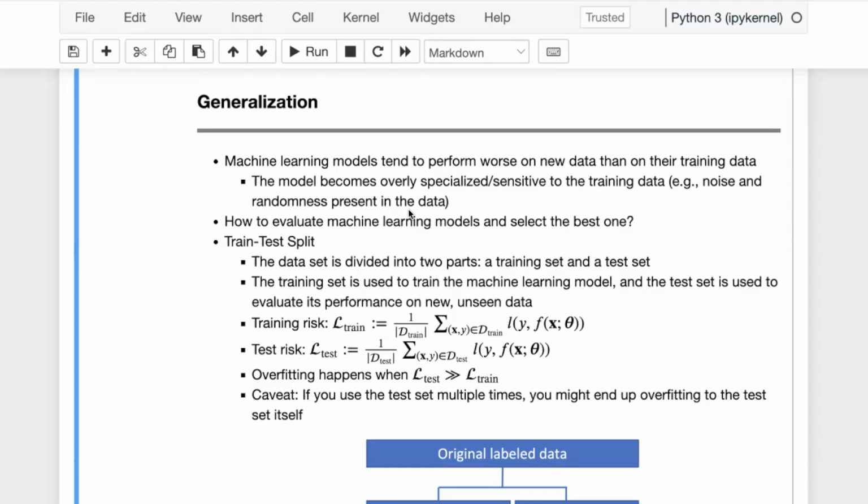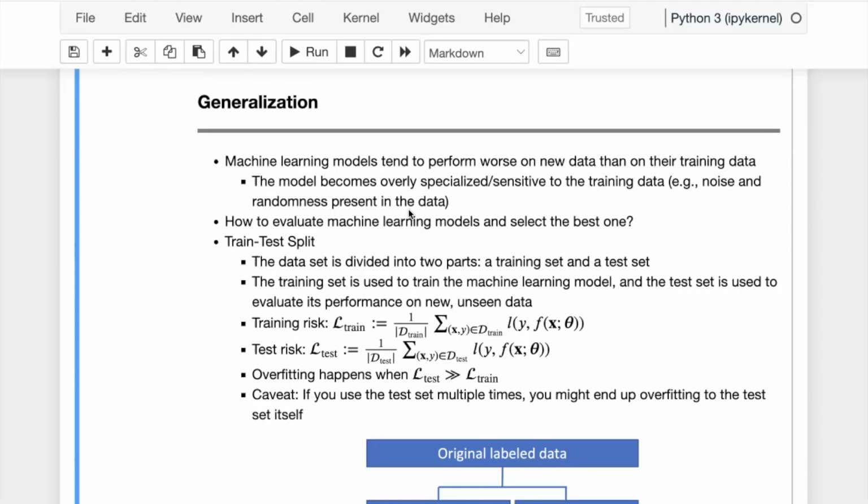And this is the main idea behind generalization. One of the main challenges that we have is that the model can become overly sensitive or specialized to the training data during the model fitting or training process. And therefore, it may not perform comparably when applied to new data points.